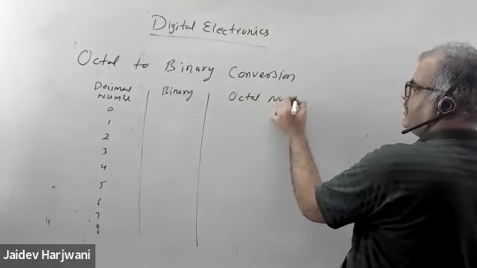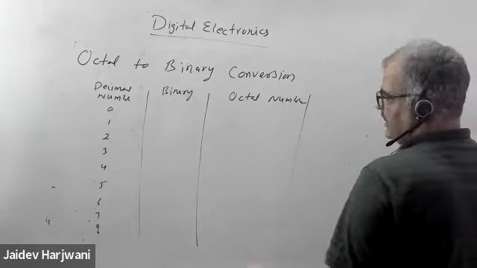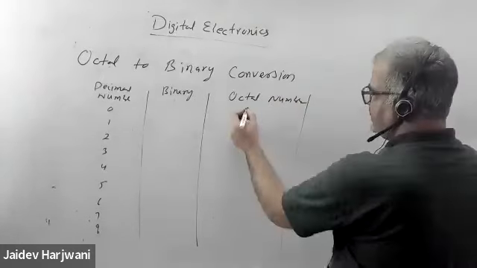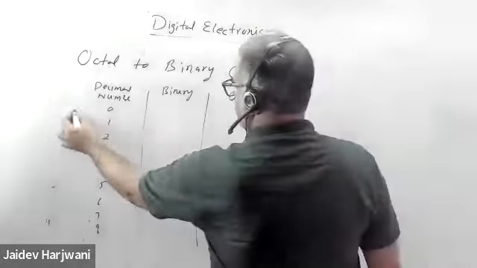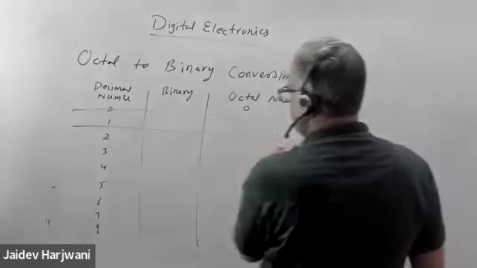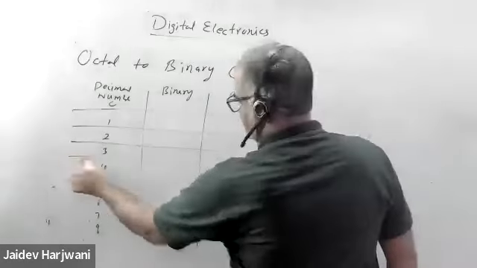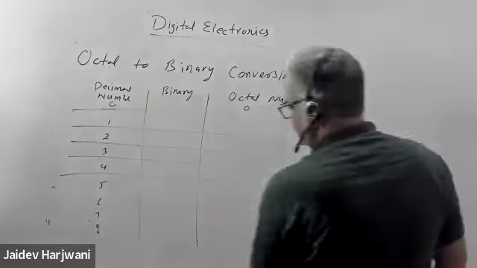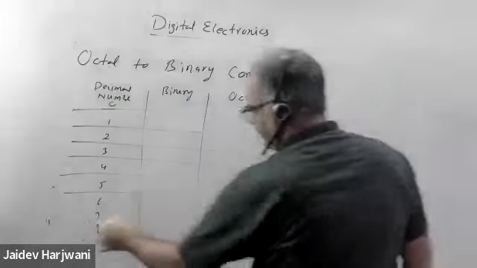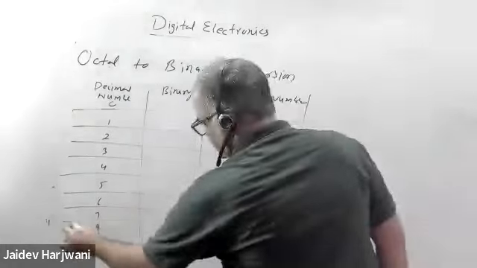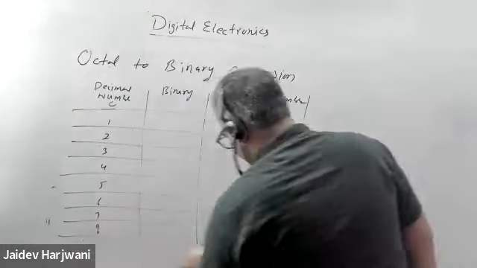Octal number. Okay, so octal has seven symbols: 0, 3, 4, 5, 6, 7.